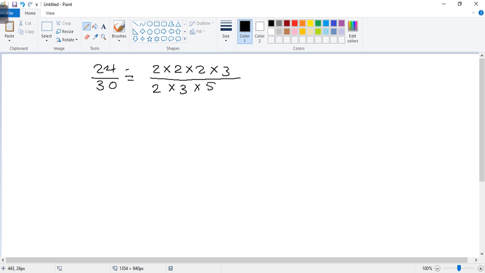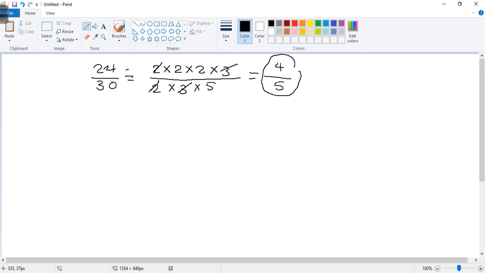The 2 cancels 2, and the 3 cancels 3. Is there anything else that will cancel? No. So the answer is 2 times 2, which is 4, over 5. That is the simplest or the lowest term.